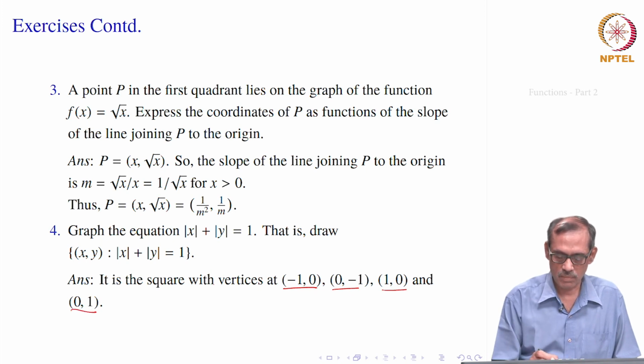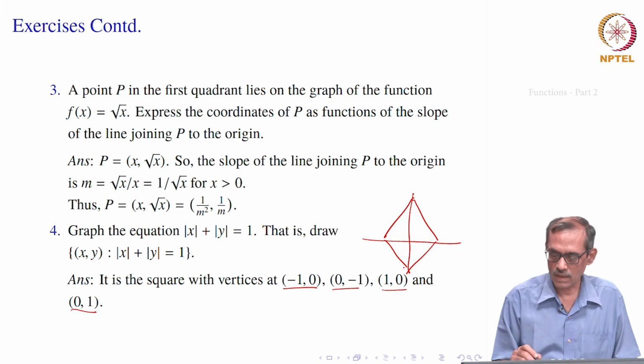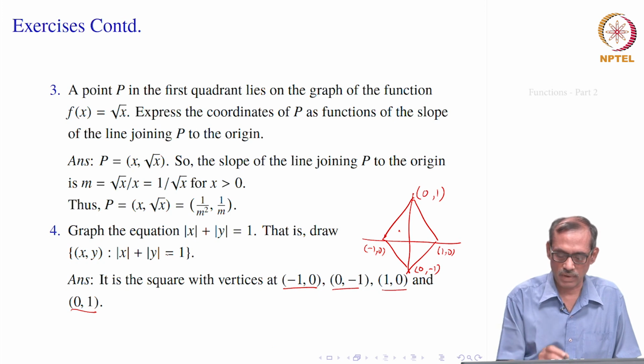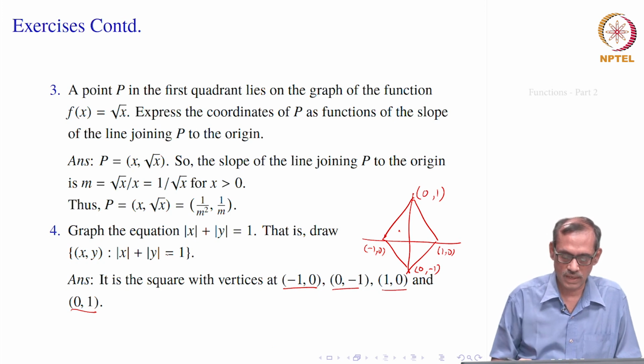If you take the square with these vertices, it looks something like this. This is your (1, 0), this is (minus 1, 0), this is (0, minus 1), and this is (0, 1). If you take any point inside, then that satisfies mod x plus mod y is less than 1.